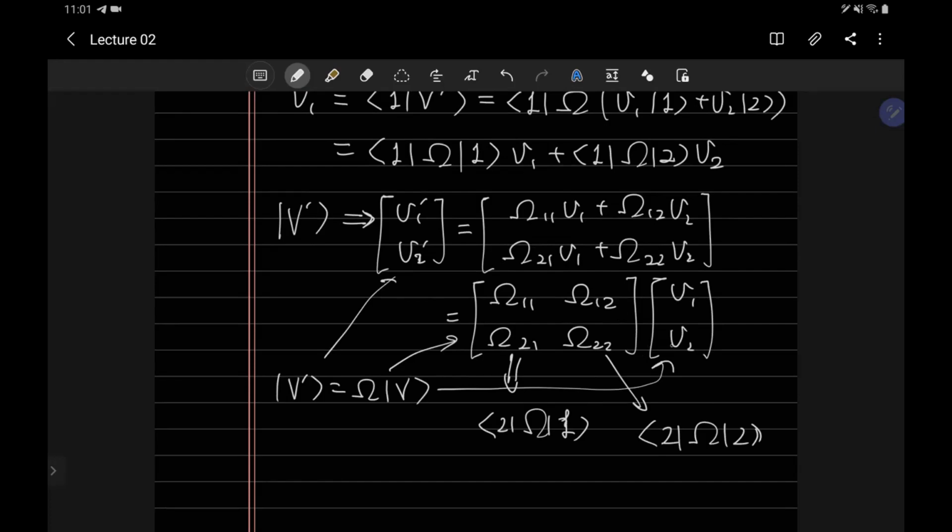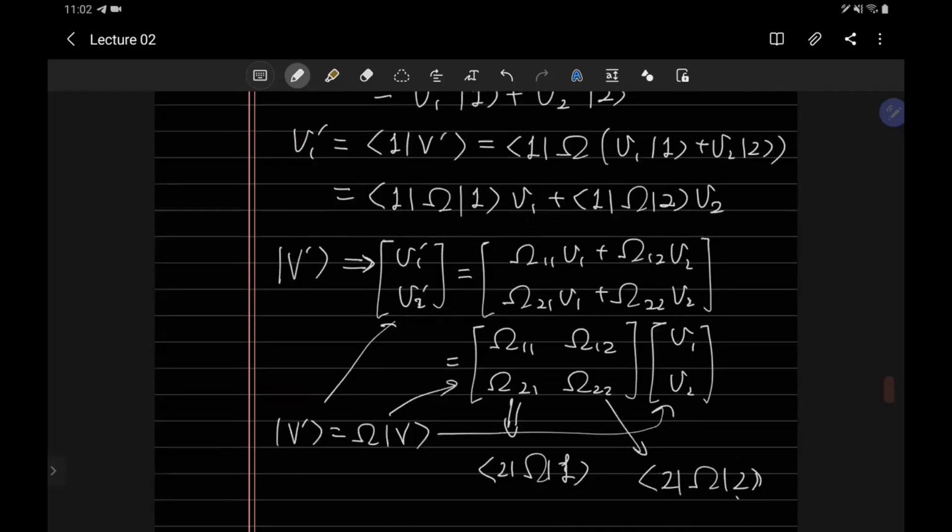And one thing you should be really careful about is that this value, specifically this omega 2, is obtained by taking the inner product between these specific two bases.